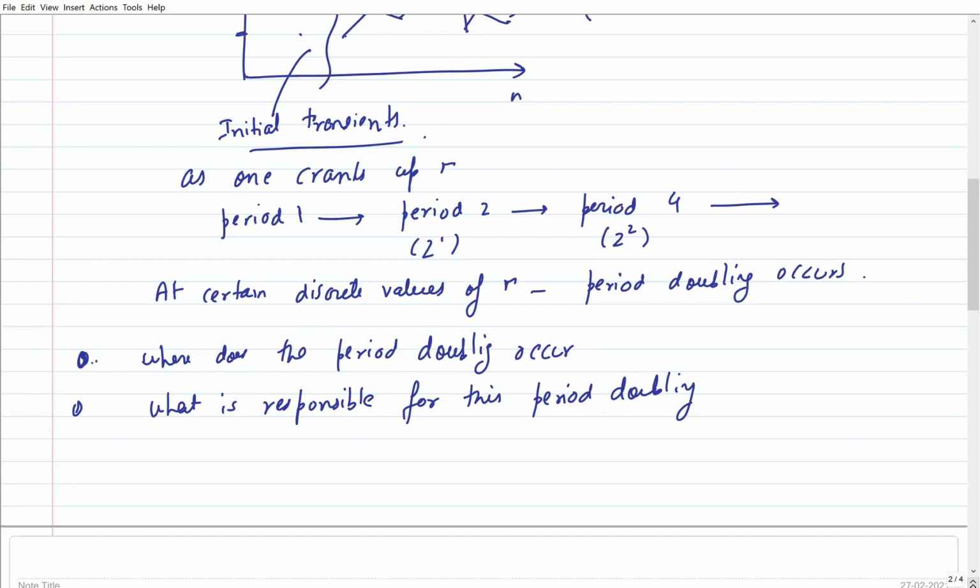And we also talked about some notions of universality, which we are either going to look at in this lecture, time permitting, or we might have to go to the next lecture for it.